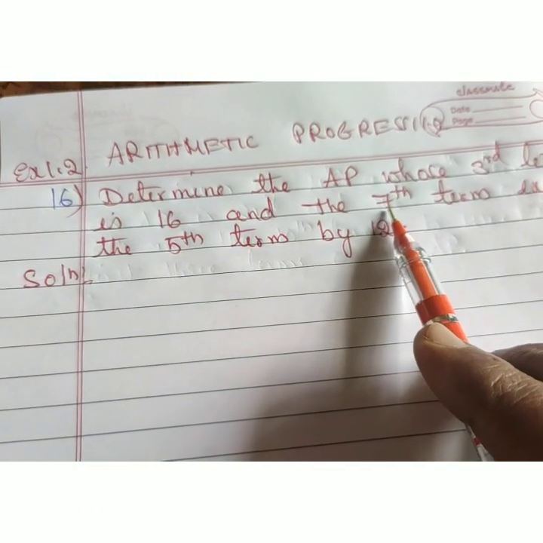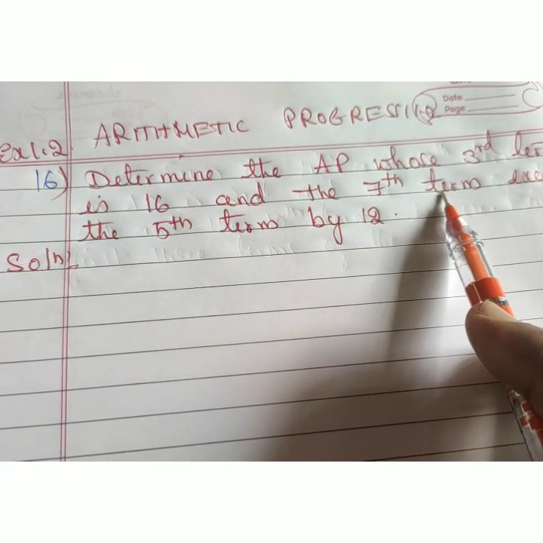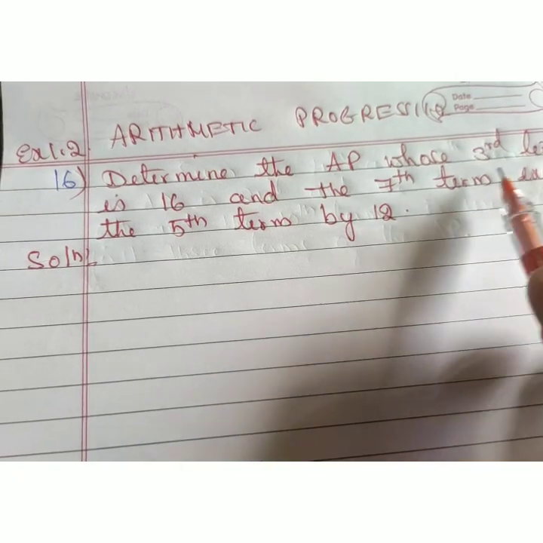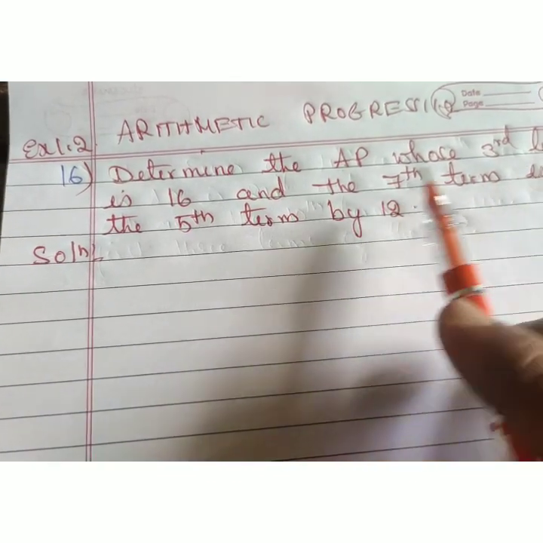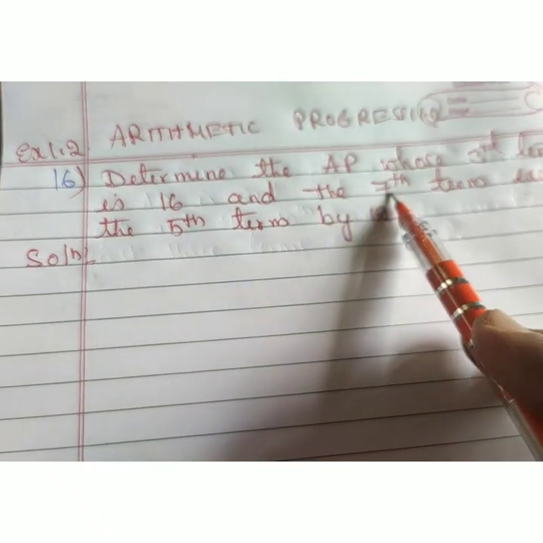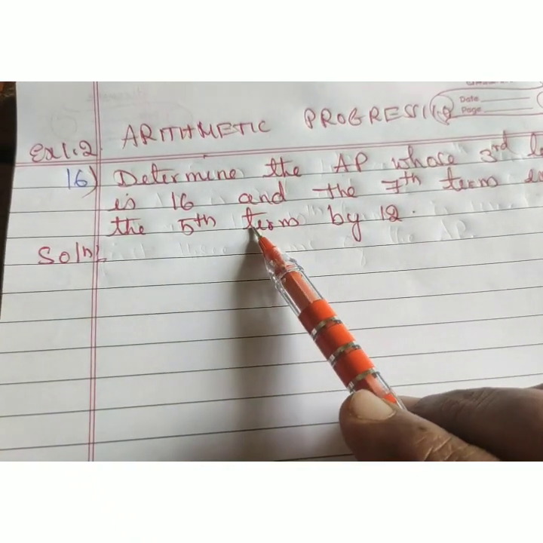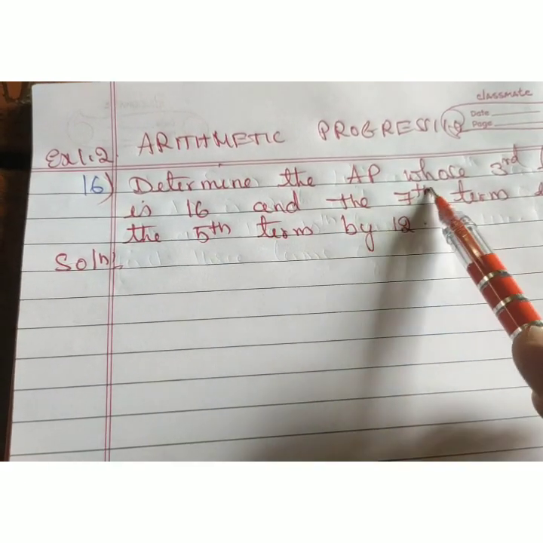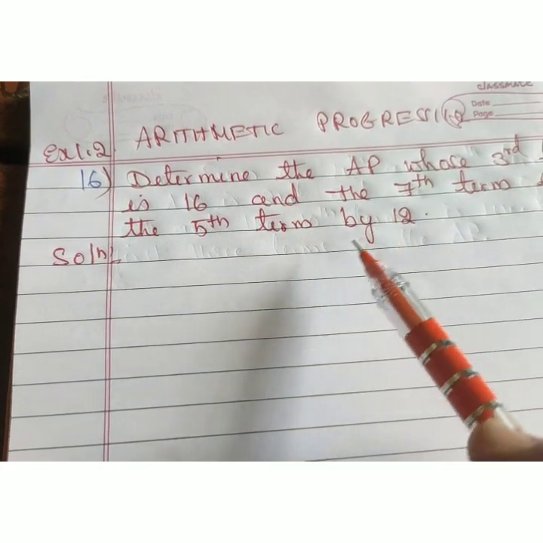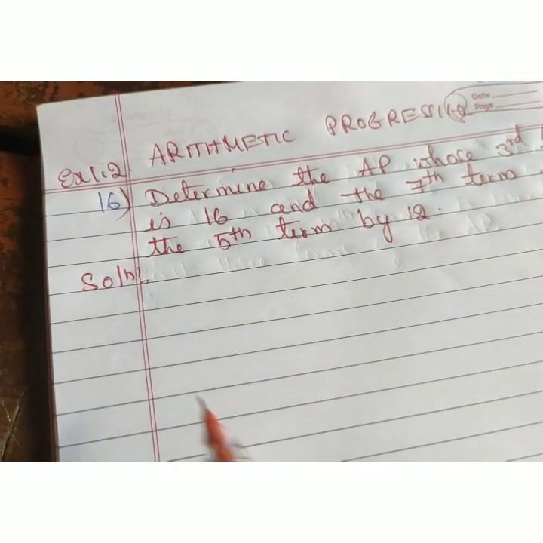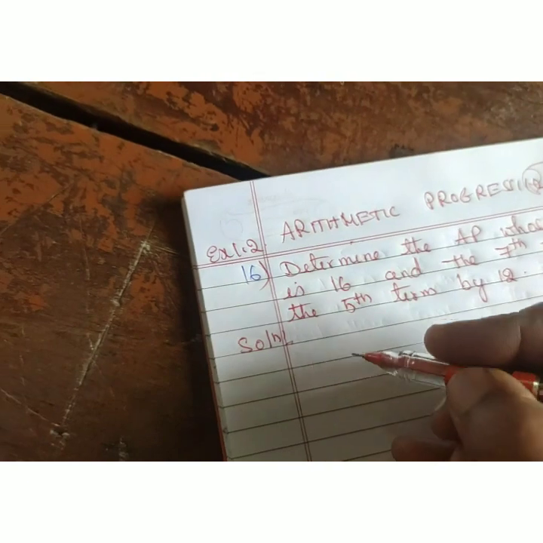They have not given the 7th term; instead they have said the 7th term exceeds the 5th term, that is, it is more than the 5th term by 12. With these two clues we will calculate A and D, then we will determine the AP.